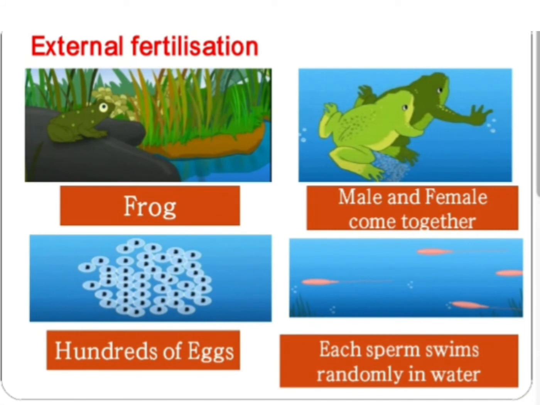Second is external fertilization. You will be surprised to know that in many animals, fertilization takes place outside the body of the female. In these animals, fertilization takes place in water. During spring or rainy season, frogs and toads move to ponds and slow flowing streams.